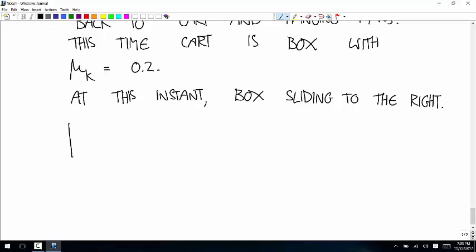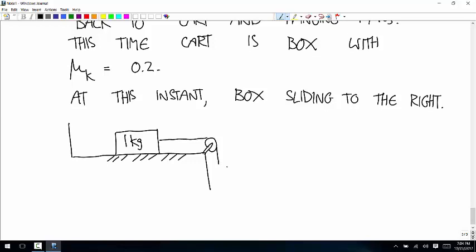Okay, so you still have the pulley there, but now this is a box with a mass of 1 kilogram. And this has a mass of 0.2 kilograms.